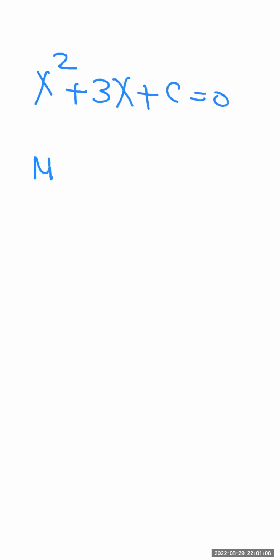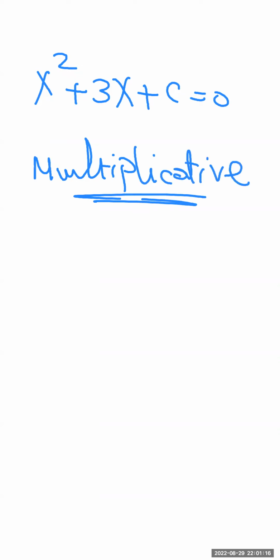Another point in this equation. x squared plus 3x plus c equals 0. Here, one of the two roots is the multiplicative inverse of the other. So what will be the rule? a equals c.